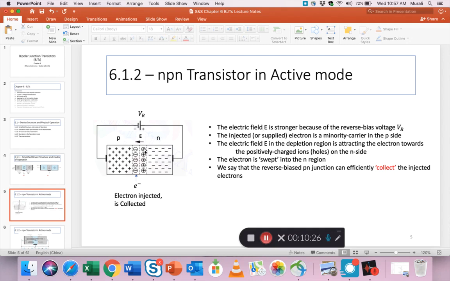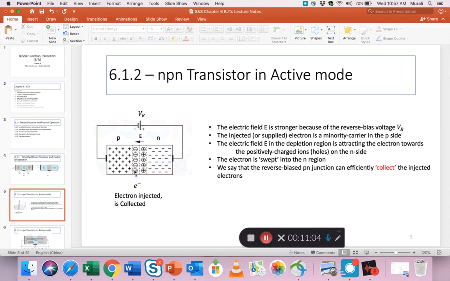Then the electric field has become much stronger because of the reverse bias, right? You know that. Now if you put an electron here into the P side, this electron is a minority carrier in the P side, right? It is injected into this region, the P region. Now what happens is the electric field in the depletion region is attracting the electron towards the positive side, the holes on the N side, right?